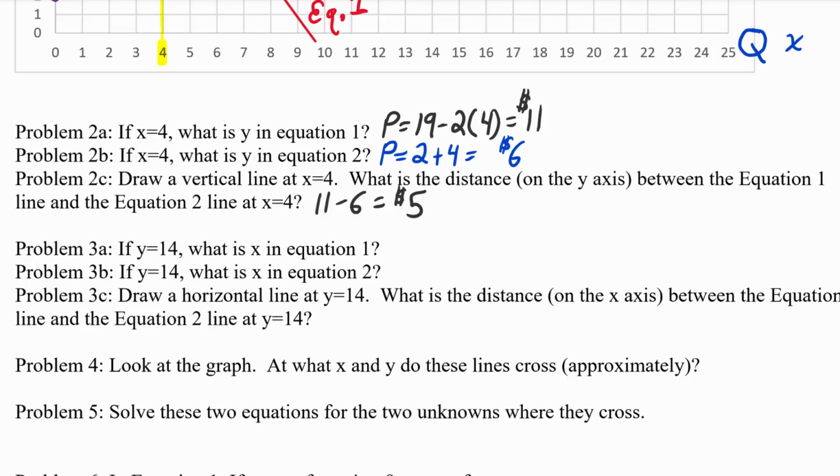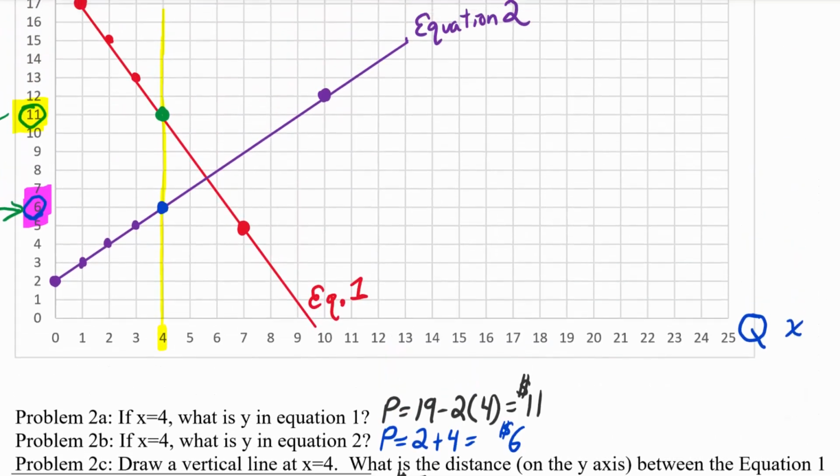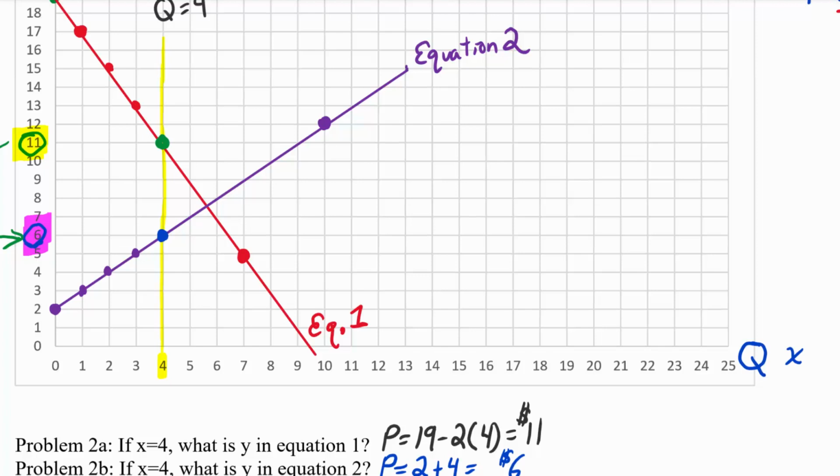Now again, we don't have a lot of context here in this situation. If that red line says something about how much people are willing to pay, and the blue line, or purple line, says something about our costs, then there's a $5 difference between what people are willing to pay for it and what it costs us to produce it. So that $5 difference would be a good thing, right?